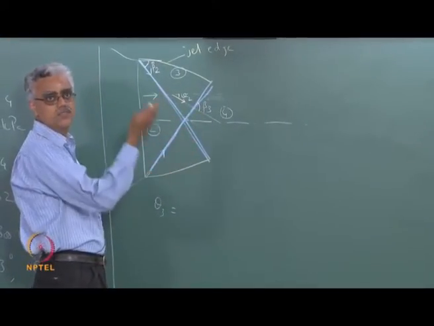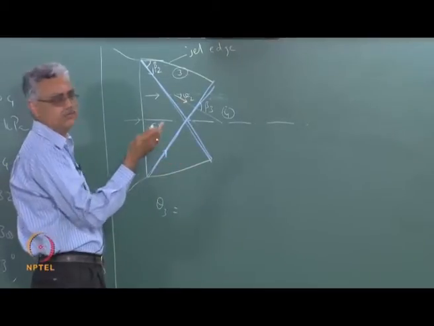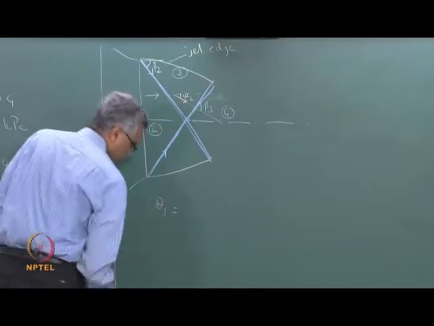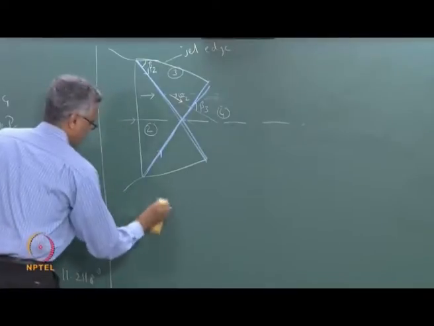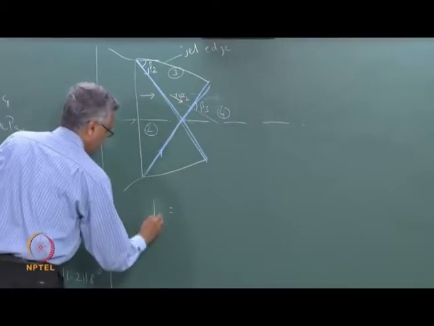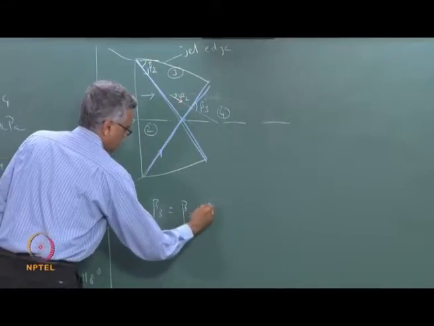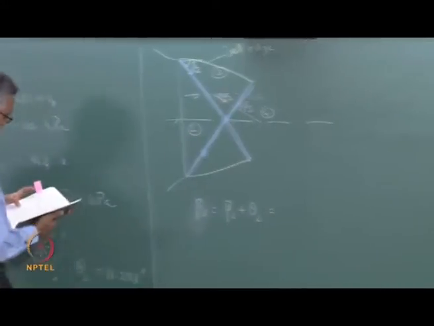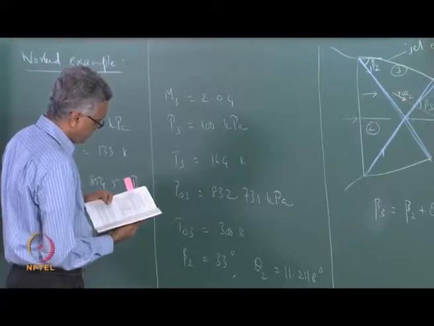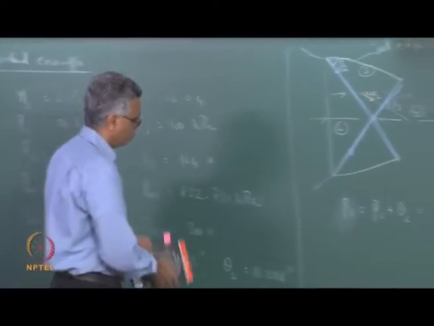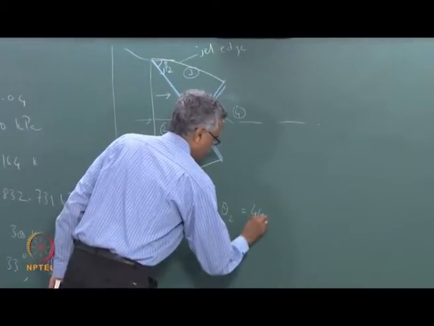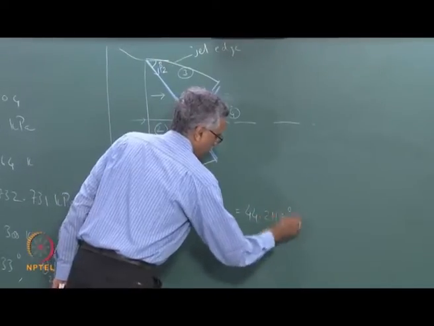All we can say is that the flow is going to be deflected towards the wave. We know beta 3 clearly, so let us write beta 3. Right, beta 3 is known, so beta 3 is equal to beta 2 plus theta 2. So beta 3 is equal to 44.2118 degrees.